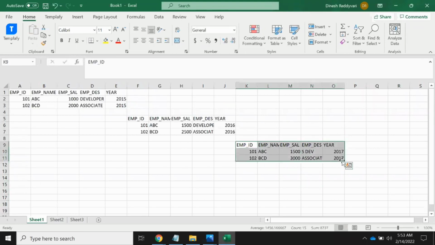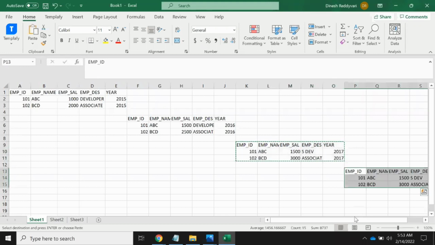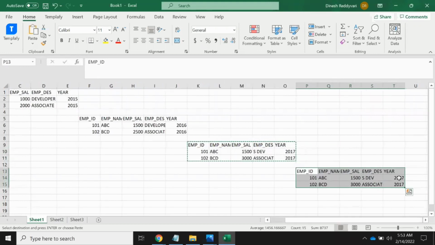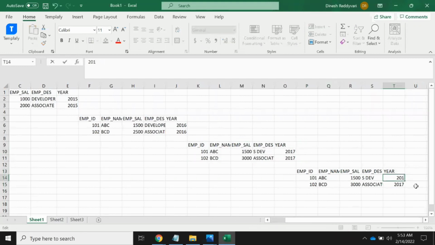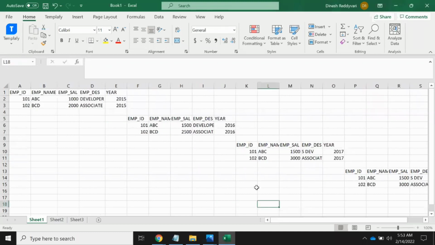Next year, what is happening? Just observe. In the next year, the year has been changed, but there is no change in the designation and no change in the salary either.